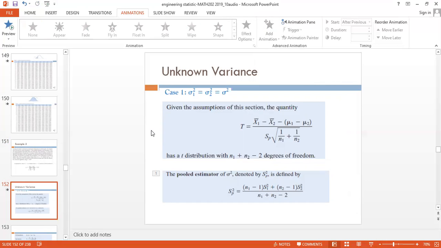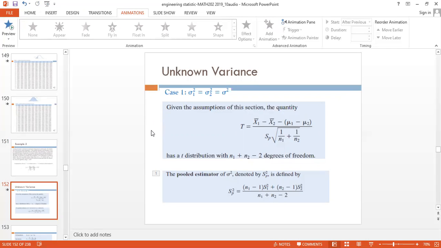The first case is where we assume, even though we don't know the population variances, that the two samples are coming from the same population, with equal variances, even though they are not known.